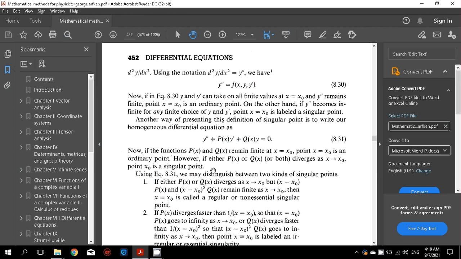But if either capital P or capital Q becomes infinite as x tends to x naught, then this becomes a singular point.